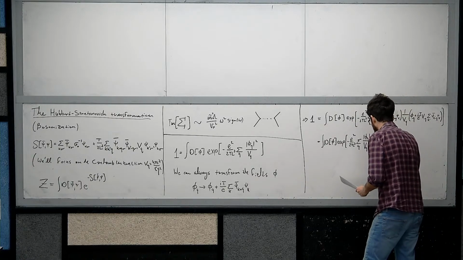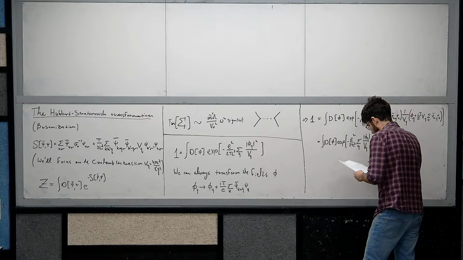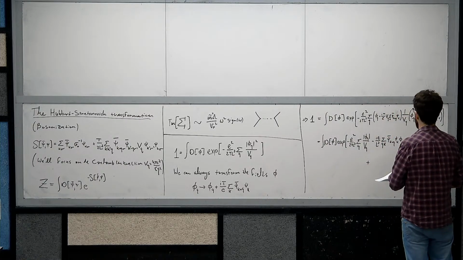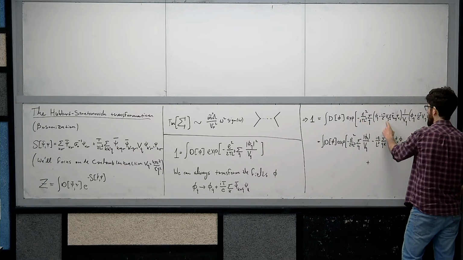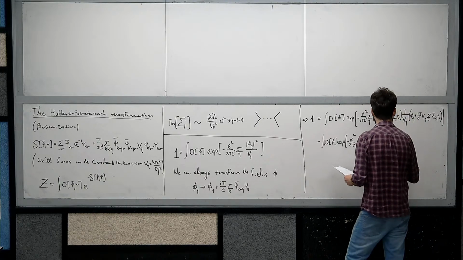So the last term becomes minus, plus minus here, but then because of the 2 i's it's also another minus, so we get plus.